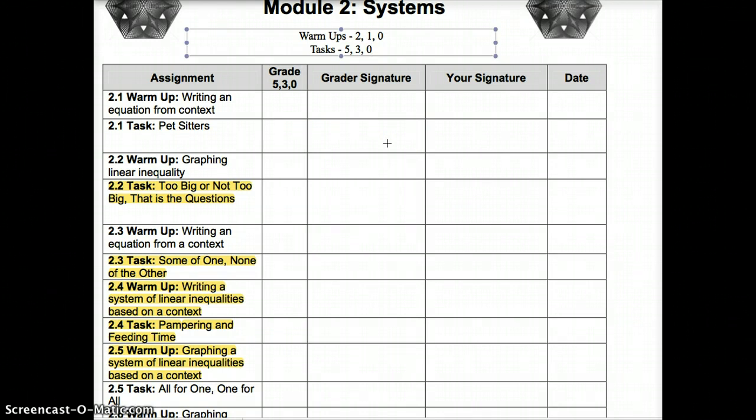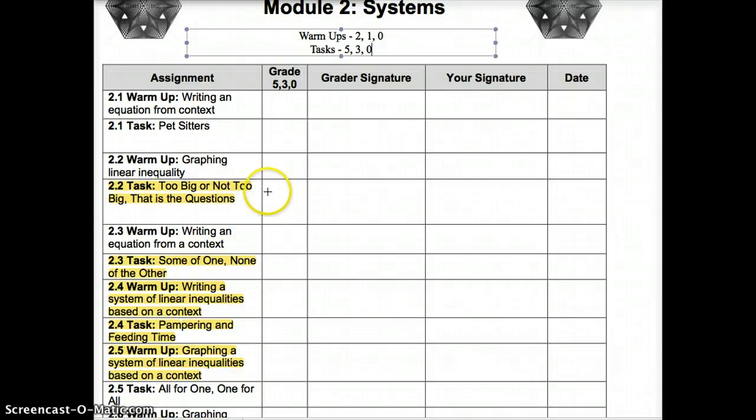Because remember, if you give them a grade that they don't deserve, and I look back and I'm like, wow, they really did not deserve a 5, then those points are coming away from yours. So you really need to make sure that if you're giving a 5, they truly deserve a 5. Okay? So again, these are the tasks that we're going to be grading.